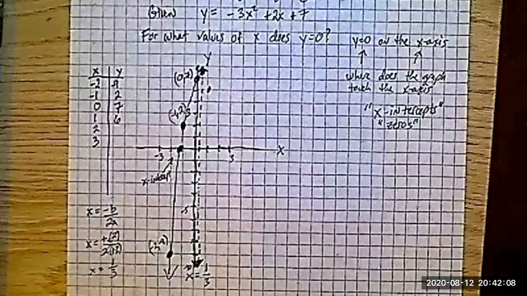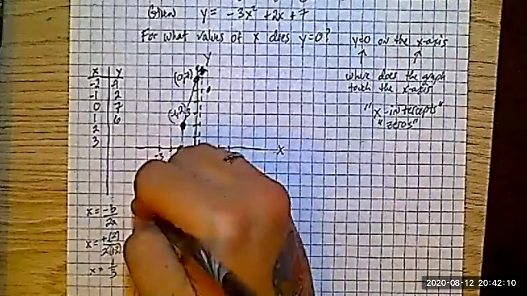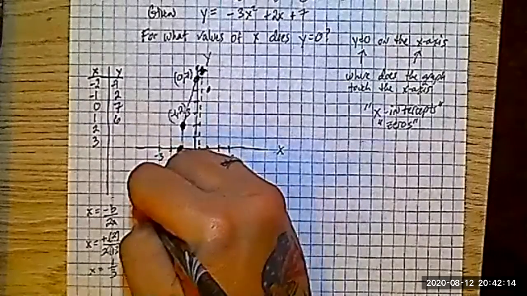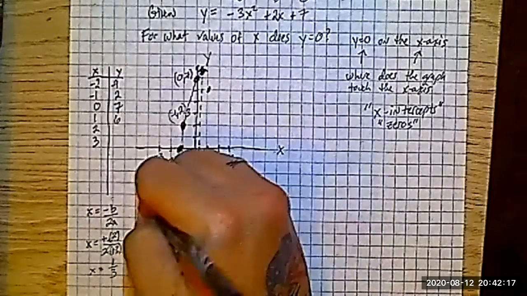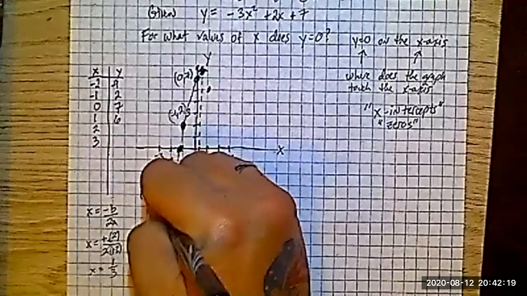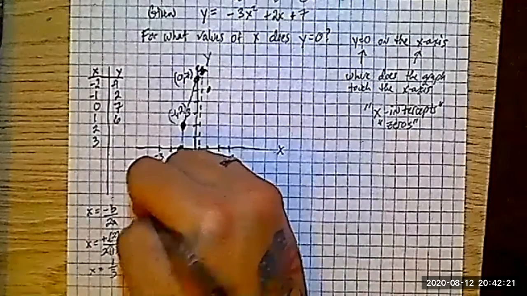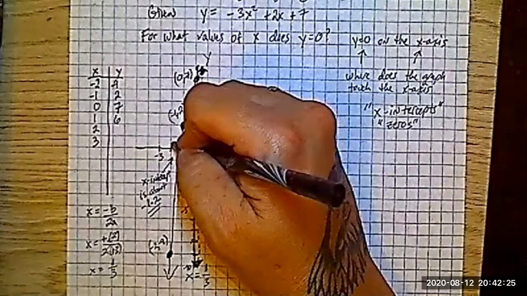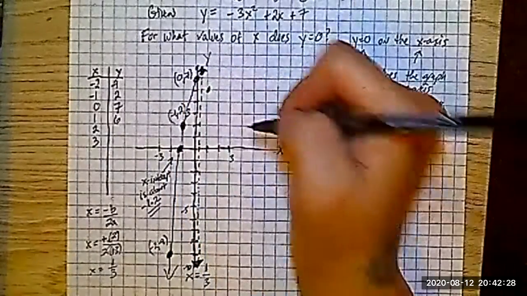So we could estimate that that x-intercept is a little bit past 1. I don't know how much. I'm going to go 1.2. I'm going to say that's about negative 1.2. I'm sorry, because it's on the negative side. Because it's right between this negative 2 and this negative 1.